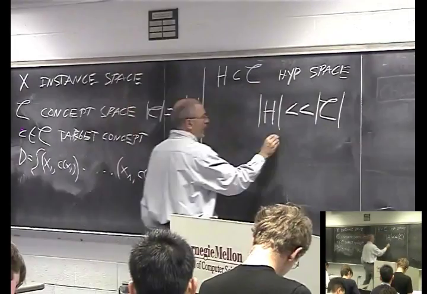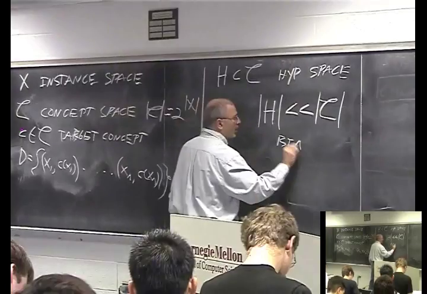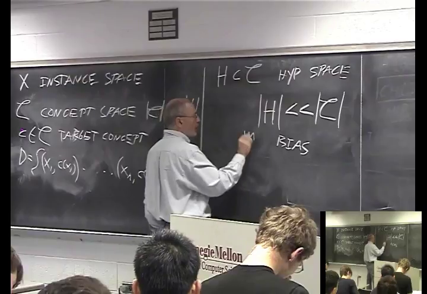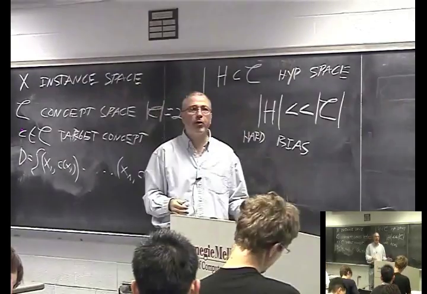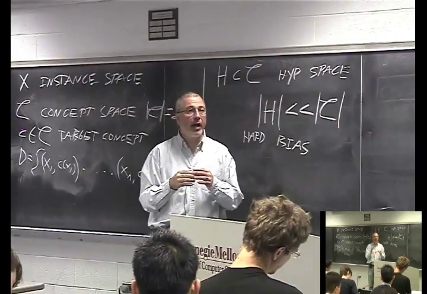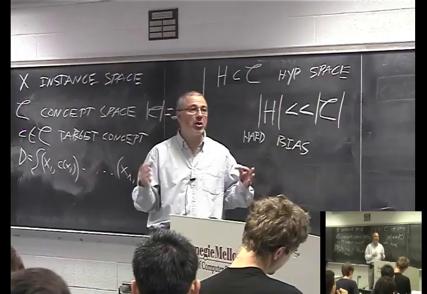And this introduces a bias. It introduces a kind of bias I call hard bias, because it says we're only going to look for the target concept C inside H, even though H might be a tiny fraction of all possible functions.